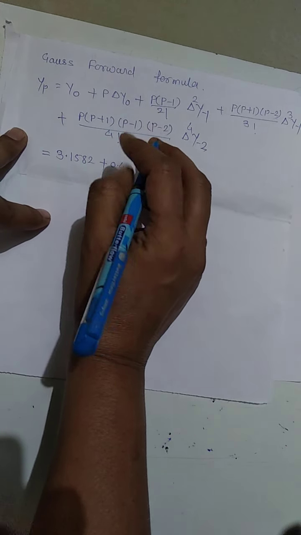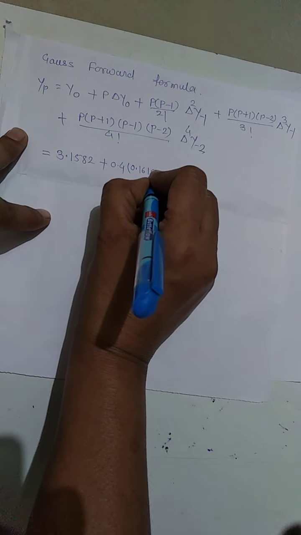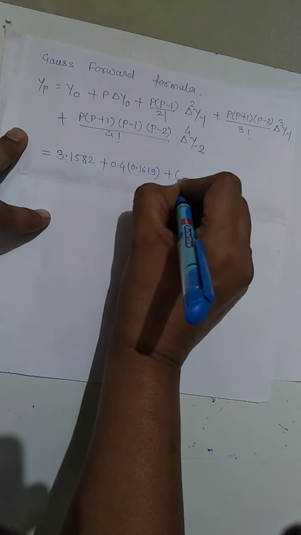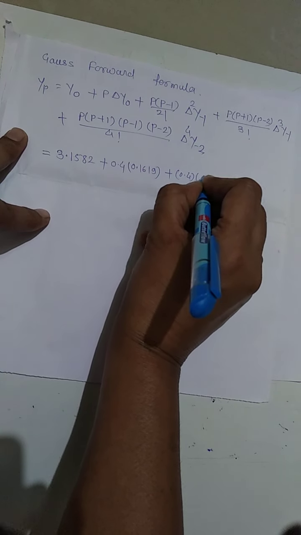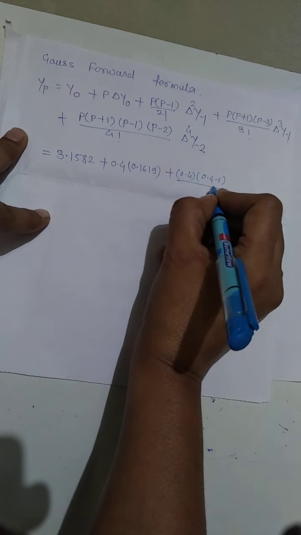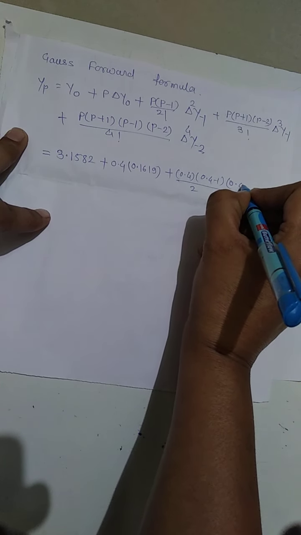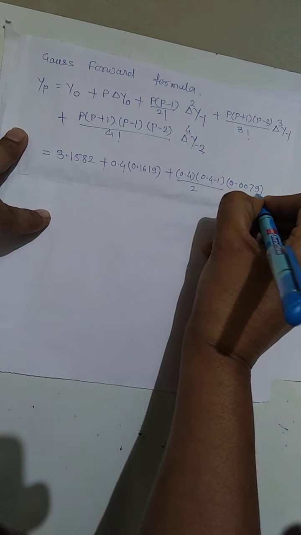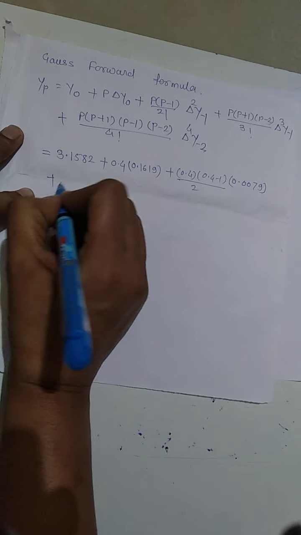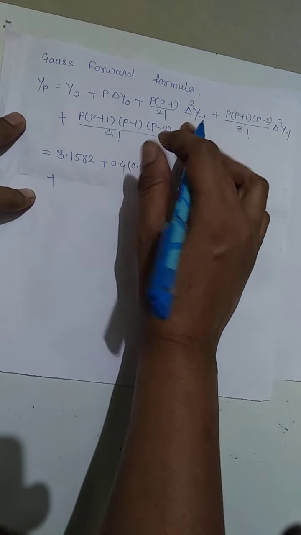Del y0 from the table is 0.1619, plus 0.4 into 0.4 minus 1 upon 2 into 0.0079, this is the value of del square y minus 1.